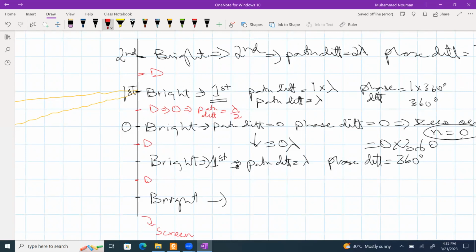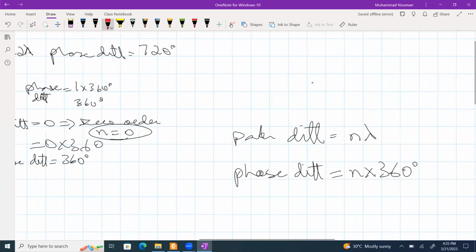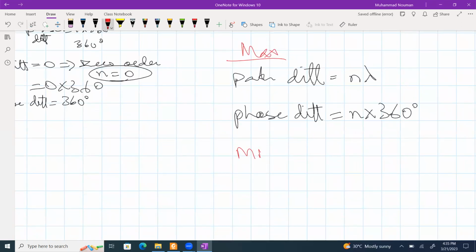No, no, I repeat. The earlier formula is for maxima. For minima, the path difference is n plus half lambda. So tell me one thing: if n is 0, then 0 plus half is half only.